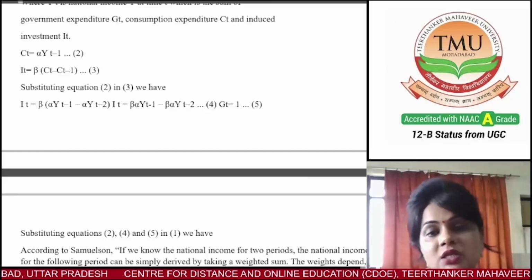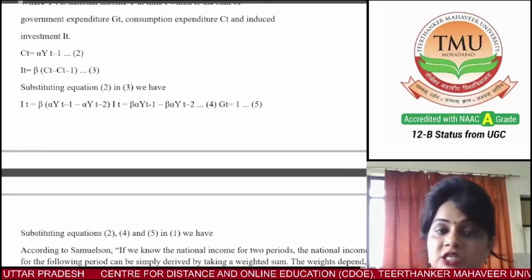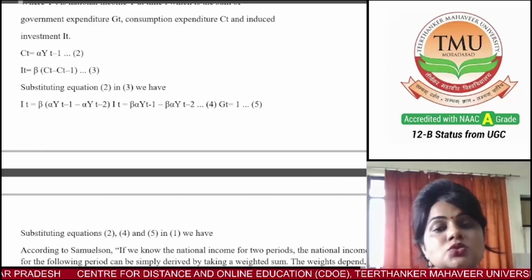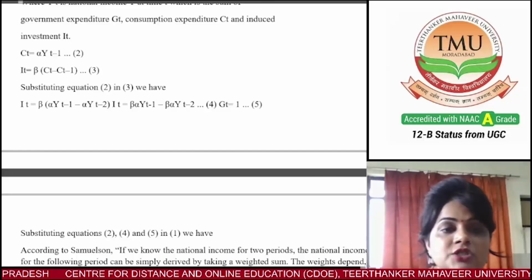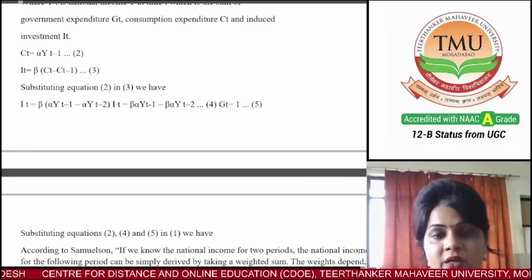As regards induced investment in period T, it is taken to be a function of change in income in the previous period. This means that there is a two period gap for change in income to determine induced investment.